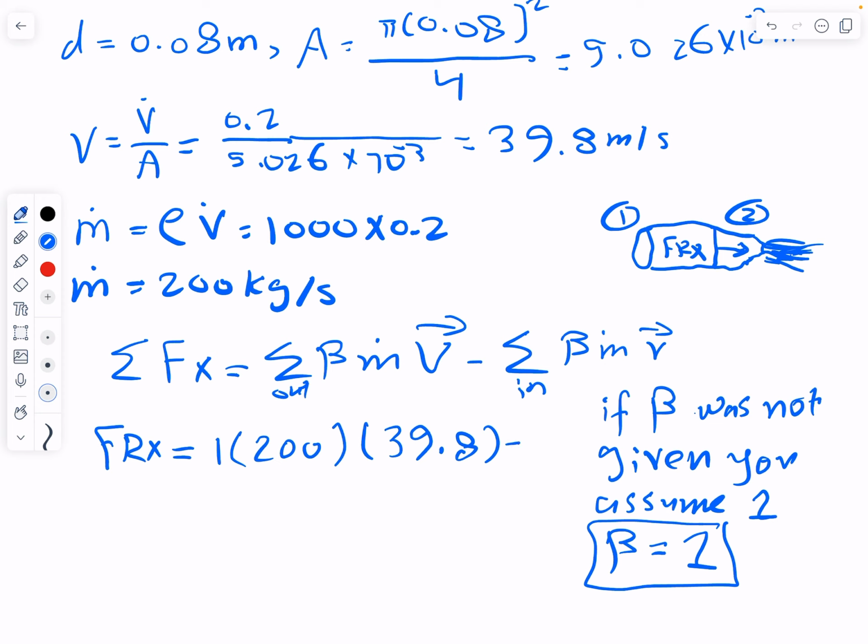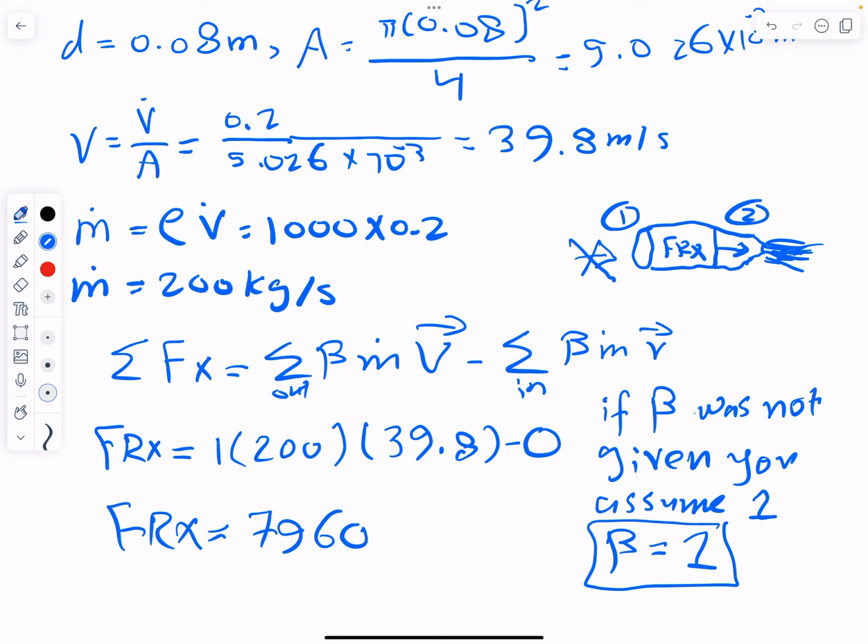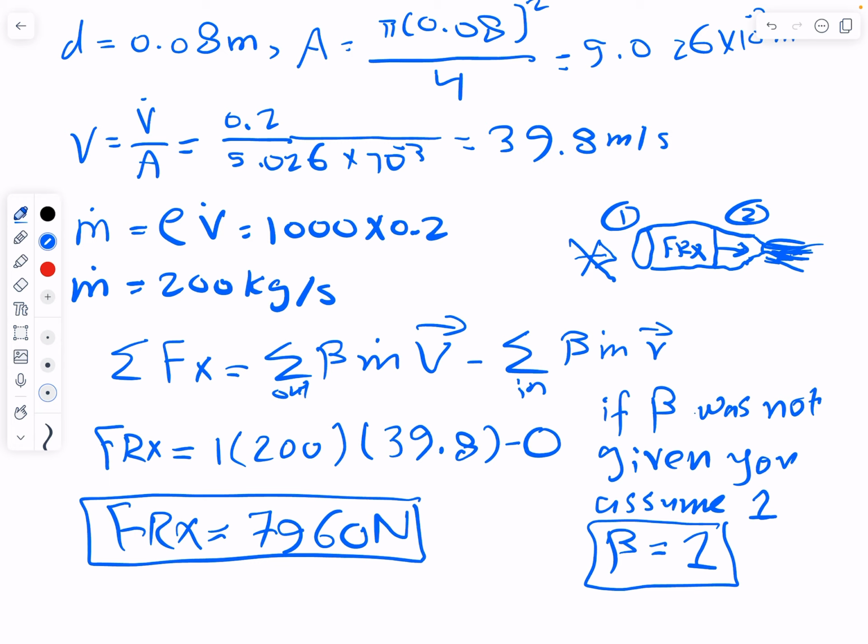Is there anything going in? No, so it's 0. So FRx is equal to 7,960 Newton. And that's our question. We are done.